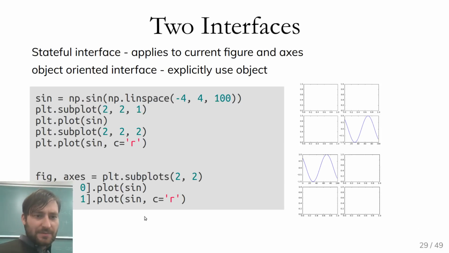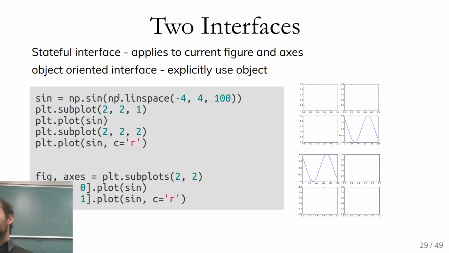Yeah, it's missing something. Sorry, the red curve is missing. That's sad. But okay. So here, the first one is the MATLAB-inspired one, where basically you create a subplot, and then you plot into the thing that you just created.